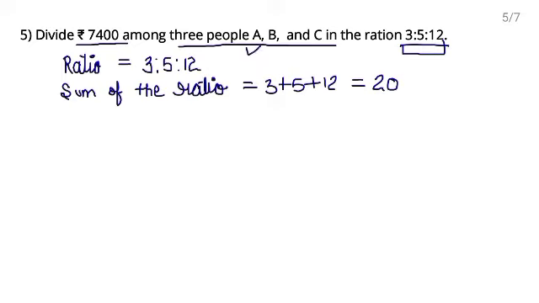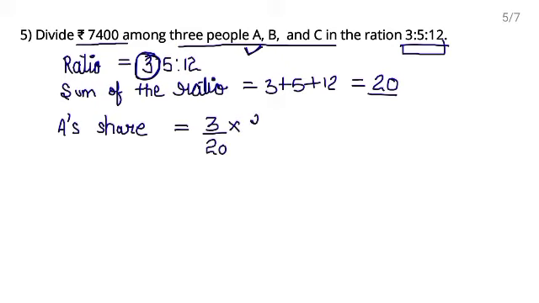Now you want to find the share of A. Okay, so A's share, how much will A's share be? First of all, write the part of A, which is 3 upon total, which is 20, and multiplied by the total amount, which is 7,400.